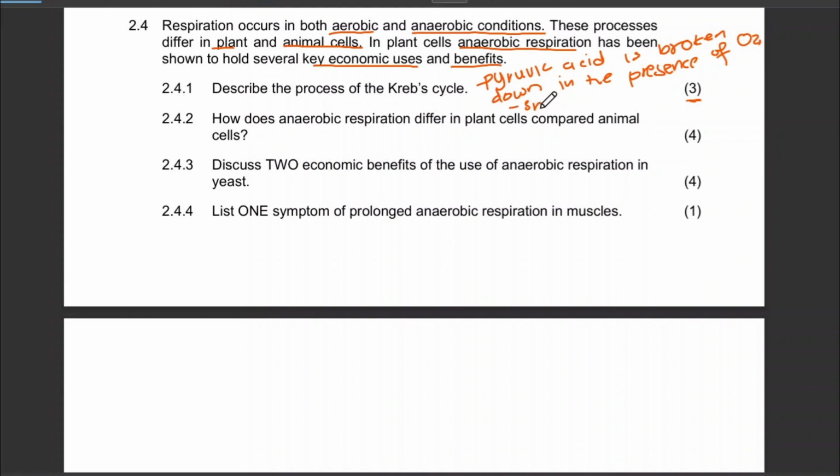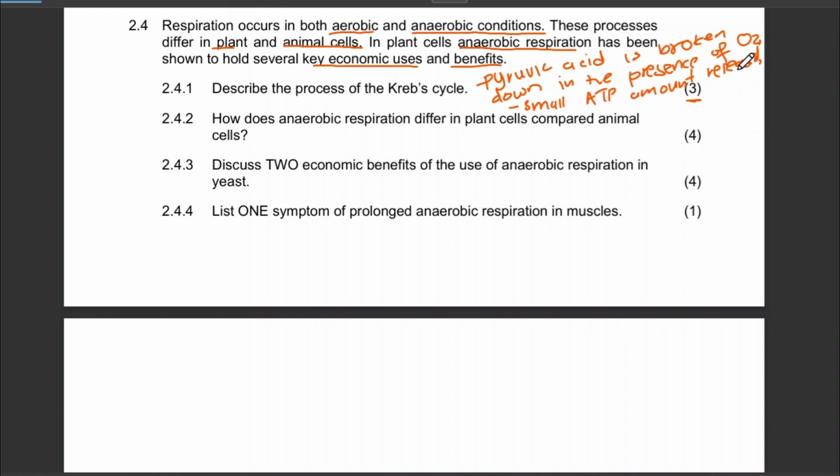A small amount of ATP will be released. I don't want to give you the wrong number. I'm not sure if it's 2. Yeah, I think it's 2. Small ATP amount released. I will double check after the video.